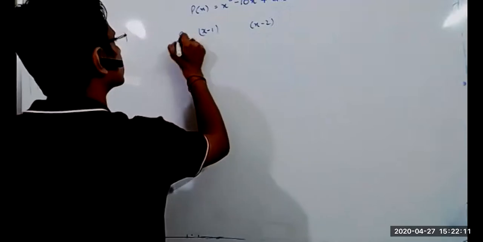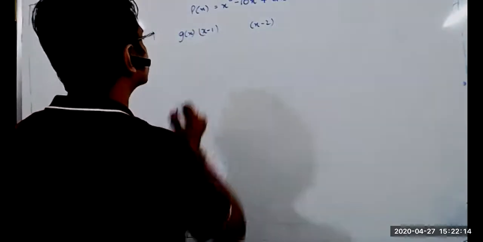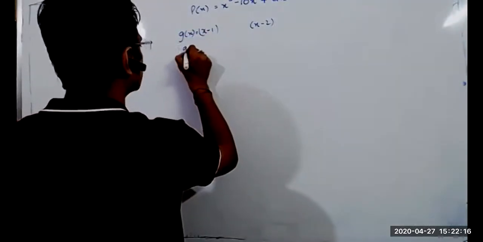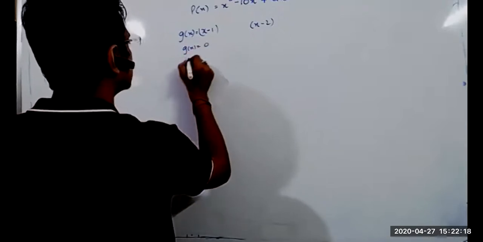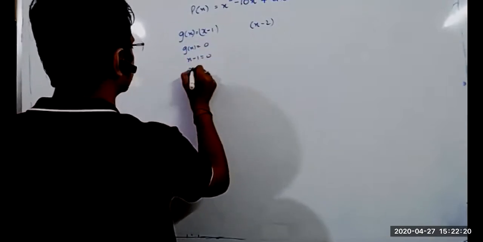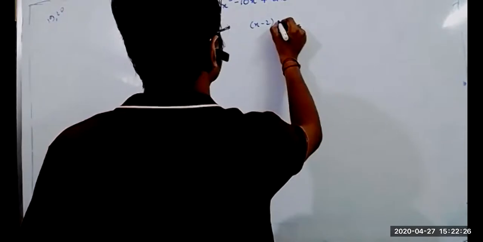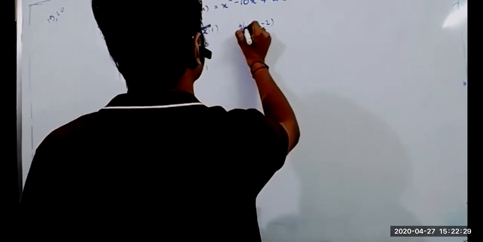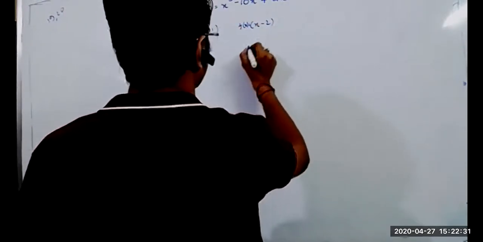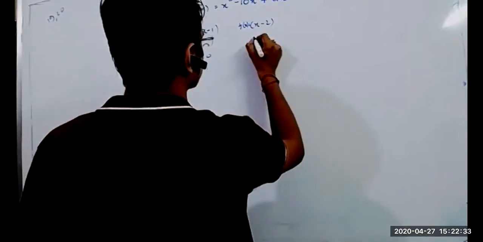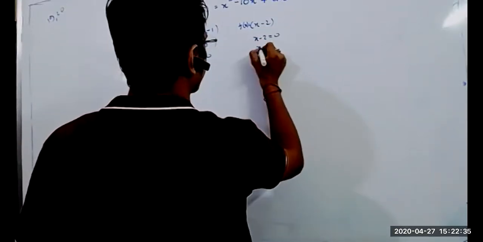We take x minus 1 equal to 0, so x is 1. And we take x minus 2 equal to 0, and x is 2.